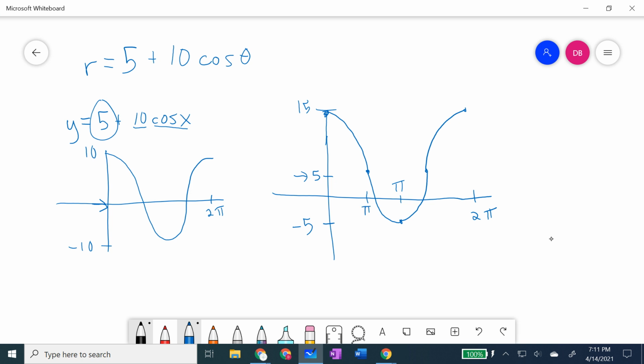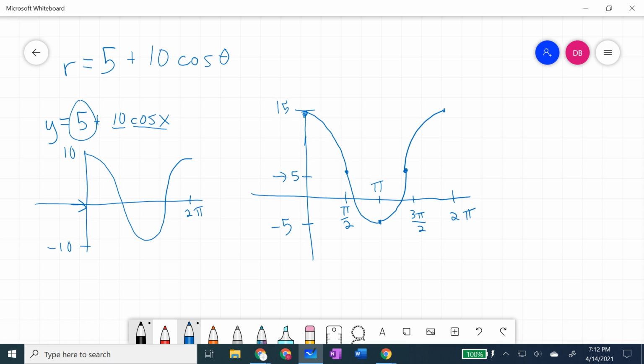So I'm going to put in just these particular angles that we're really familiar with: 0, pi over 2, pi, 3 pi over 2, and 2 pi. We know exactly where they're landing.